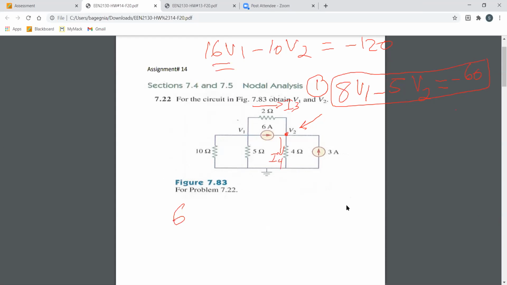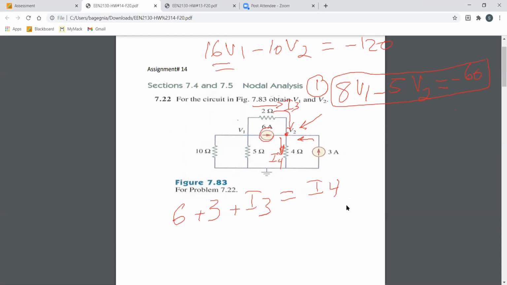The 3 is also entering the node, and I3 also is entering the node. Remember, this current is a flow until it hits the node. The 6 is going to enter the node, the 3 is going to enter the node, and I4 is leaving the node.